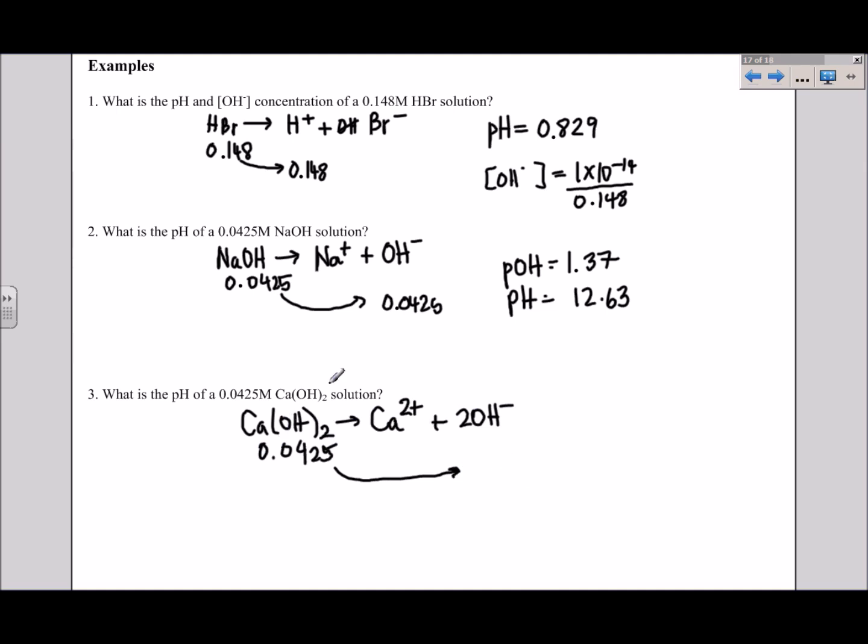Because the calcium hydroxide and the hydroxide are in a 1:2 ratio, what that means is that the concentration of the hydroxide in this case is actually going to be twice that of the calcium hydroxide, which is 0.085. So it's double the concentration. Once I know that information, I can find the pOH, which is 1.70, and the pH, which is 12.93.